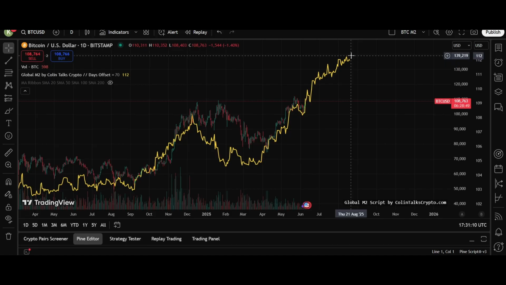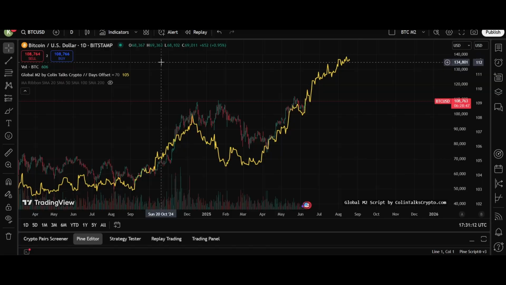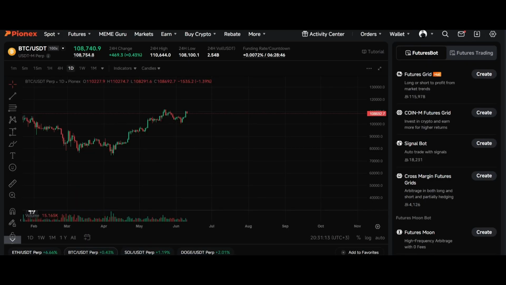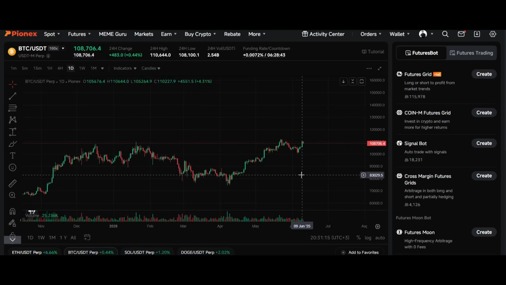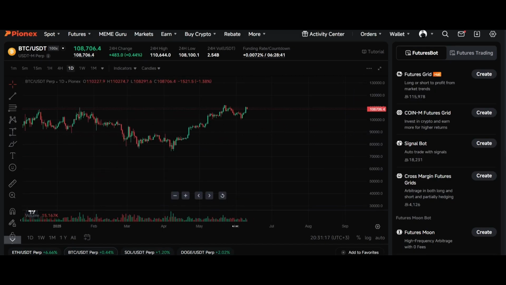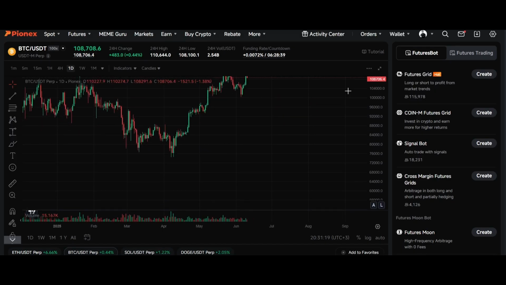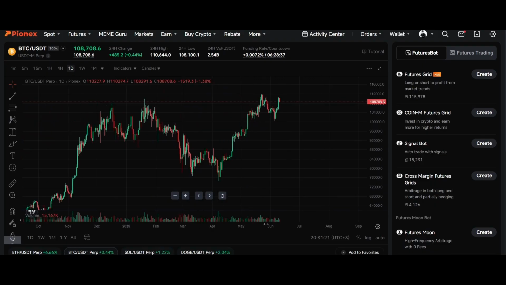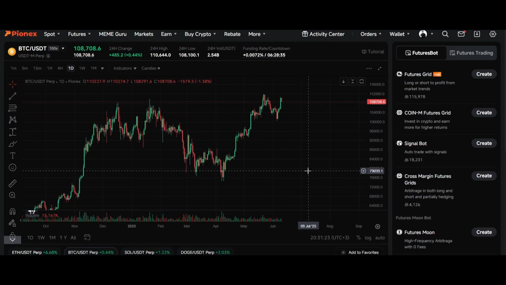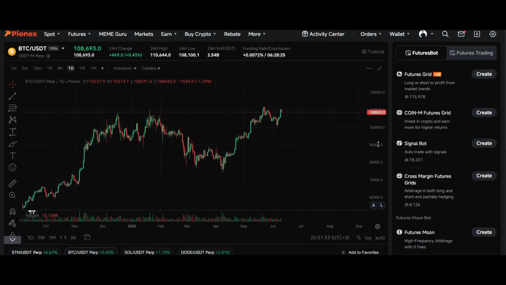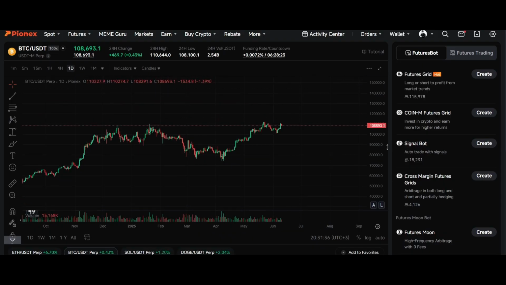That's my base case, and we still haven't seen any rate cuts from the U.S. Federal Bank. When this happens, it will be very, very bullish for Bitcoin. I believe it will happen close to Q3, Q4, and then we will have some big candles towards the upside.